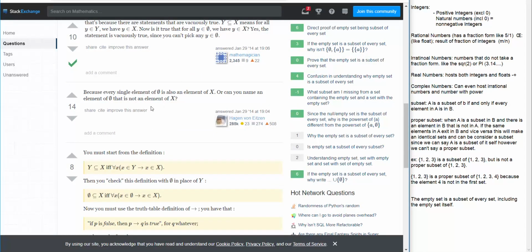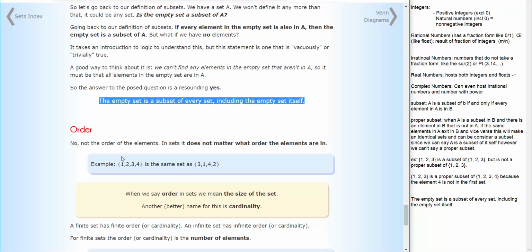It's more like they're using the contradiction here. It's like the inverse. So in our example here, we have the set 1, 2, 3, 4, and then we have an empty list. Now, can you have an element in the empty list that's not in B?